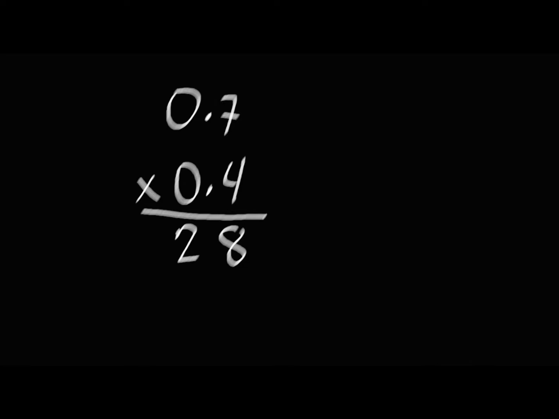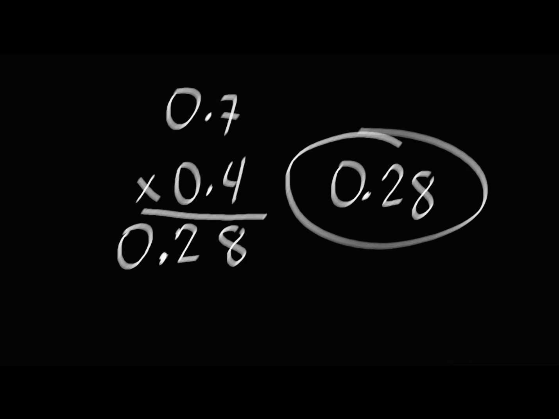We have 1 and 2. There are 2 decimal places in our multiplicand and multiplier. So there must also be 2 decimal places in our product. We will put our decimal point here. Then, write 0. Our answer to the problem is 28 hundredths.